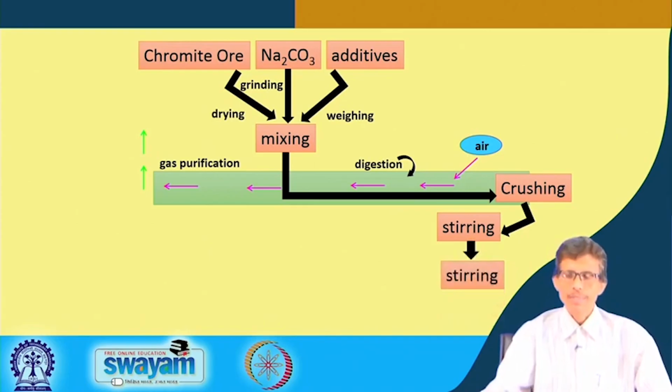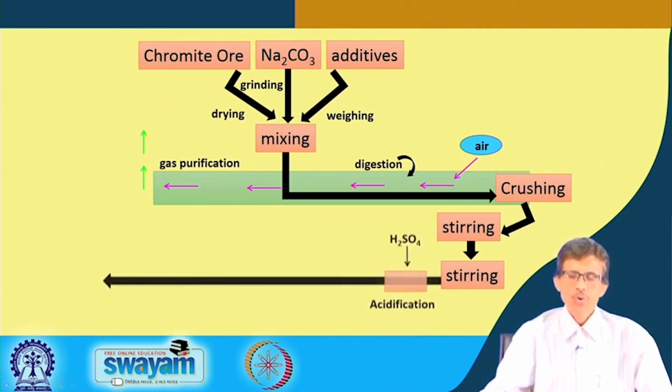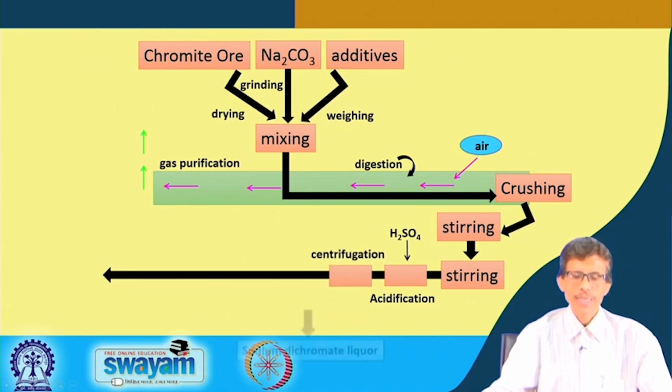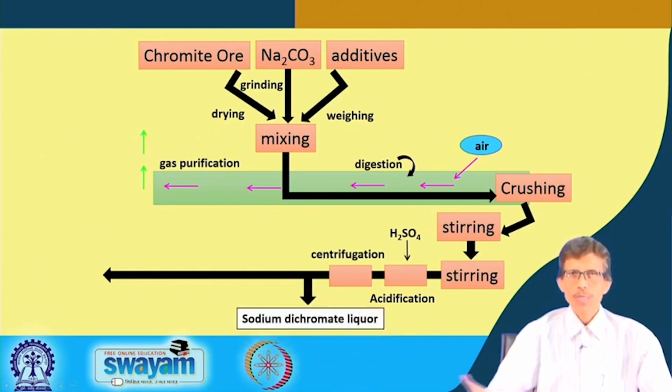So, after crushing basically we go for stirring. Then we go for addition of sulfuric acid, the sulfuric acid path for acidification, and the process of acidification followed by centrifugation gives you the corresponding sodium dichromate formation.